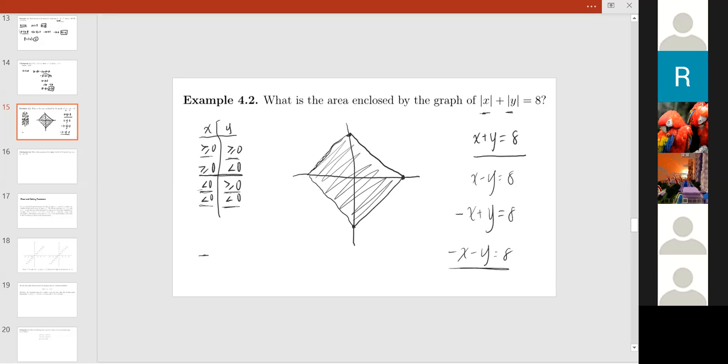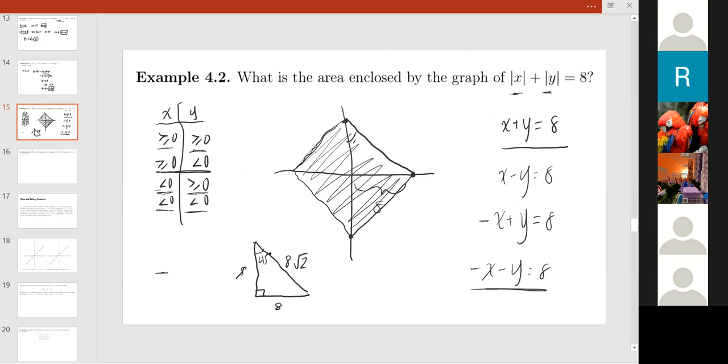We have this distance is 8, and all of these distances are 8. So we can see that this is just a square. To find the side length of the square, we see that each side length is just 8 root 2, because this is a 45-degree angle and it's a right triangle.